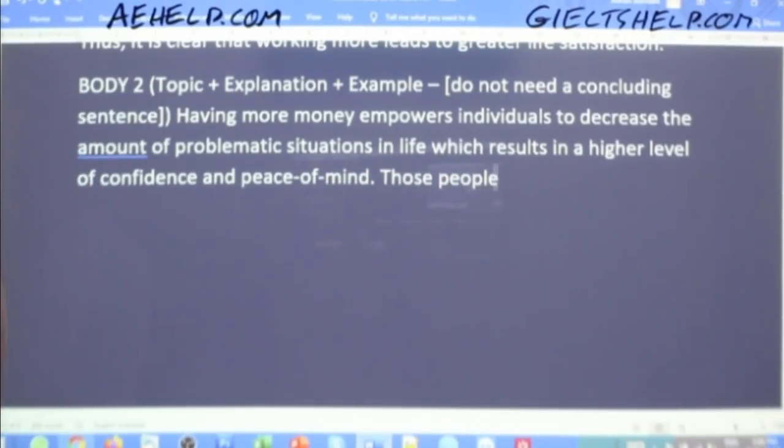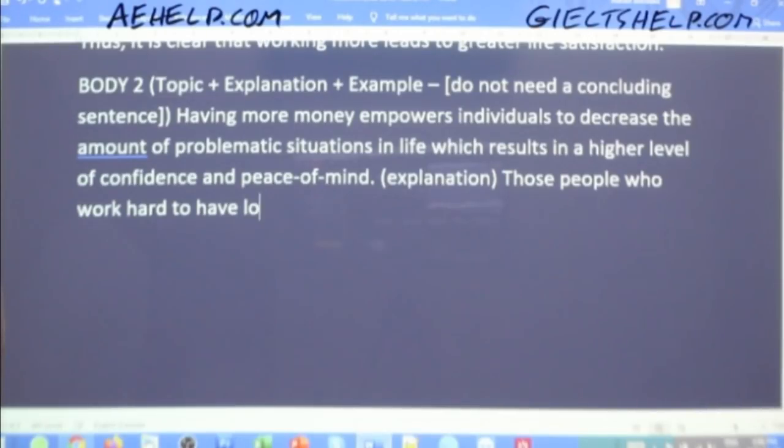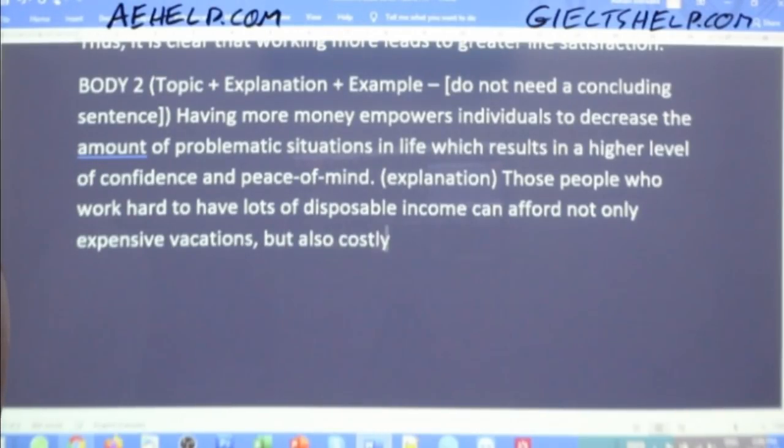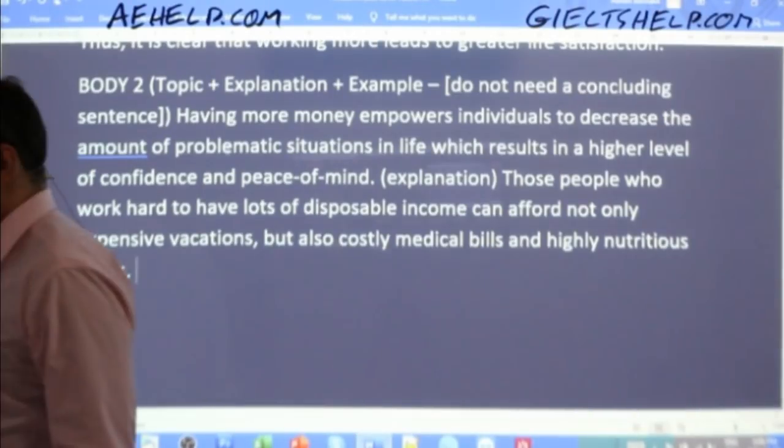Those people, so this is my explanation coming up here, who work hard to have lots of disposable income can afford not only expensive vacations, but also costly medical bills and highly nutritious foods. Okay.